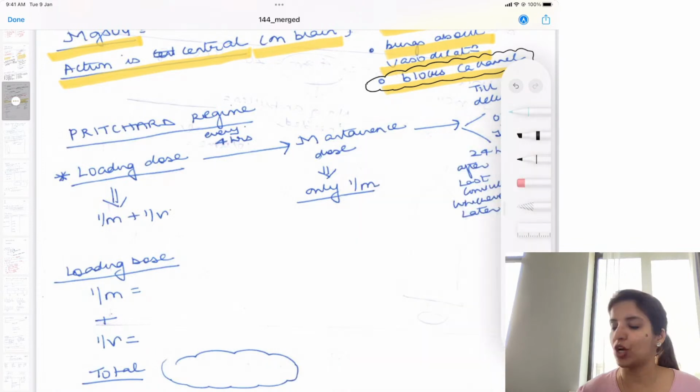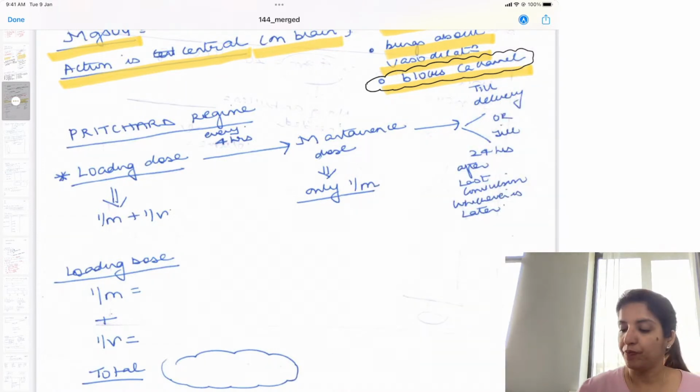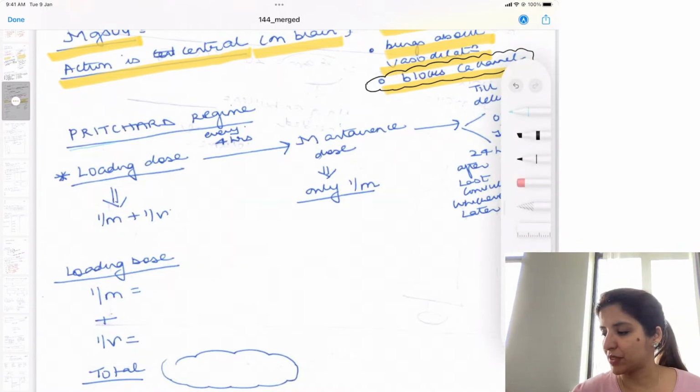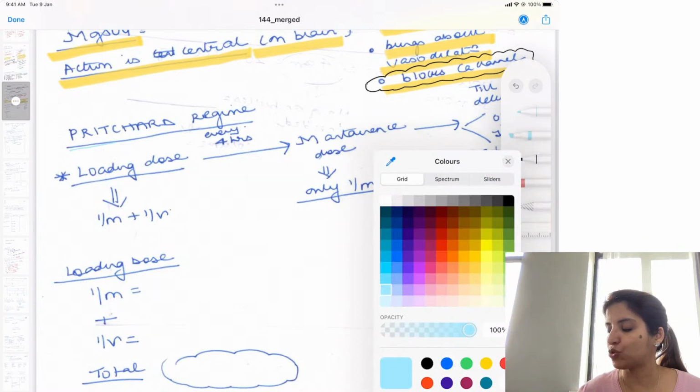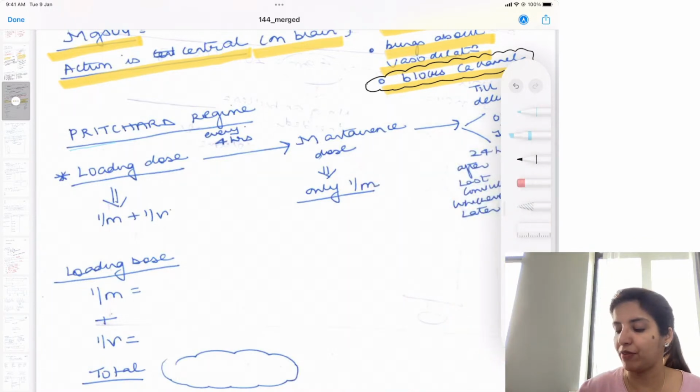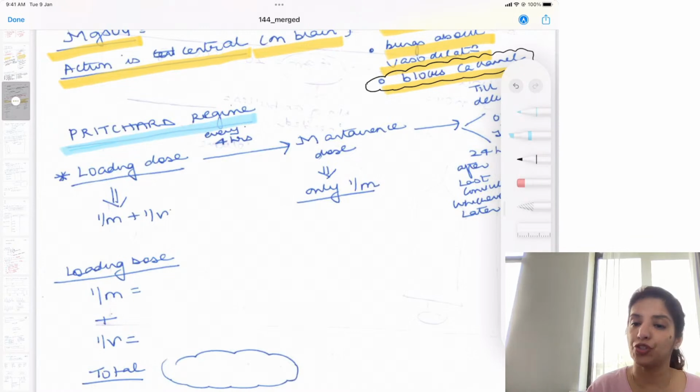Coming back to Pritchard regime. The regime which is used for giving magnesium sulfate, the one which we commonly use in India, and you should be knowing each and every detail of that regime, is Pritchard regime.